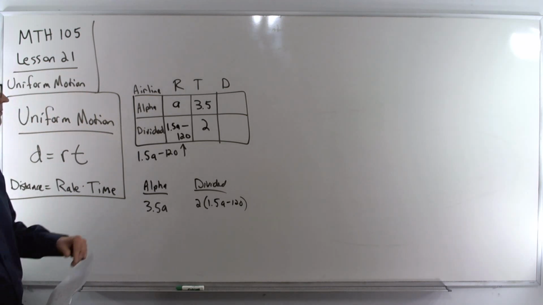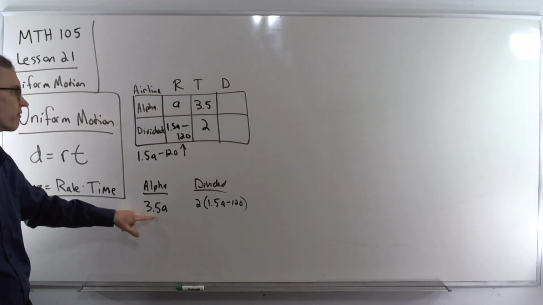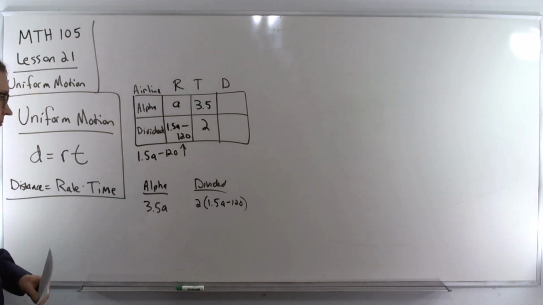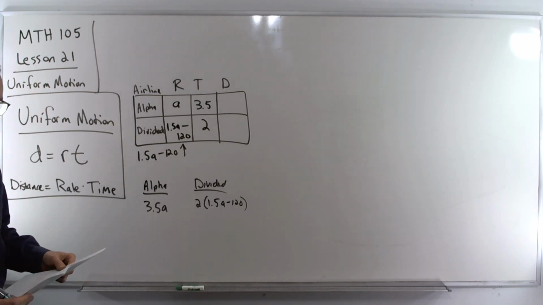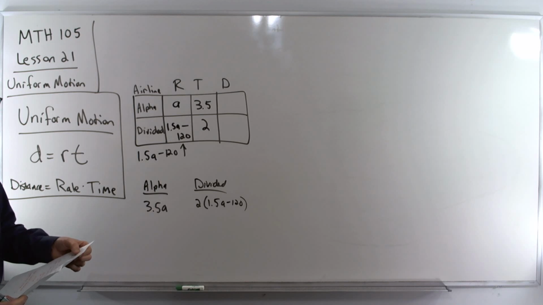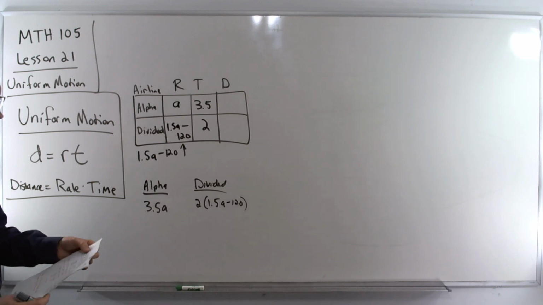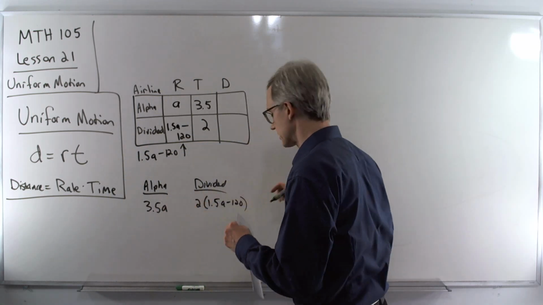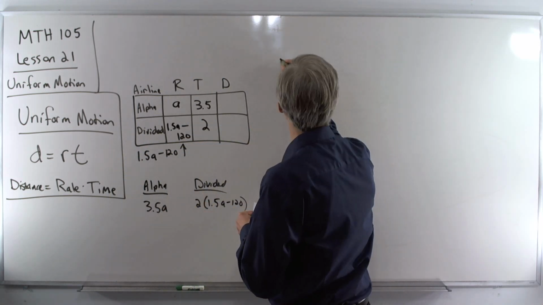And there's our distances. Rate times time, 3.5a, and 2 times 1.5a minus 120. Now we know the distance from New York to LA, that's 2,802 miles. So if we add up these two distances, we'll get 2802.